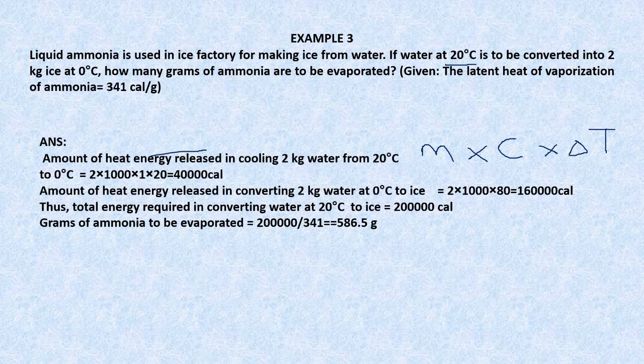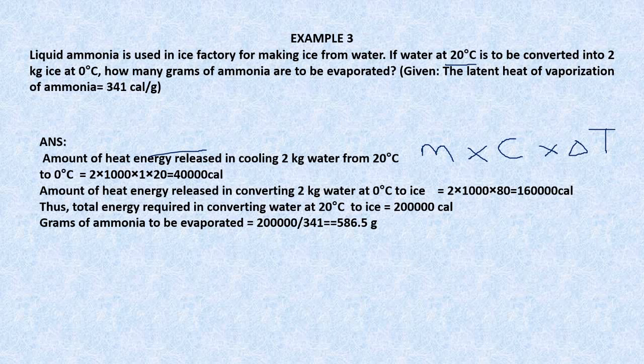Now the amount of heat energy released in converting 2 kg water at 0 degrees Celsius to ice. So how much heat energy is released? It will be 2 into 1000 into 80, which is 1,60,000 calories.